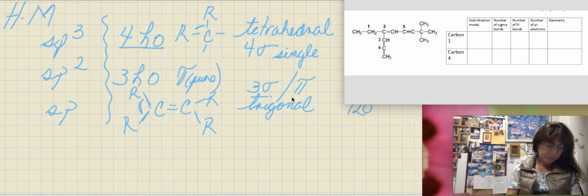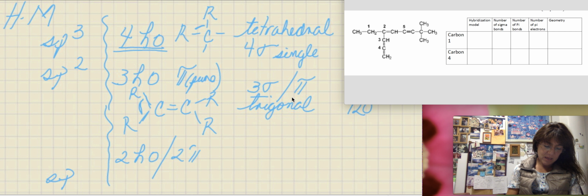Okay, for the sp hybrid model, this means that out of the four hybrid orbitals, you're only using two of the hybrid orbitals, and that you have two pi or pure p orbitals. This means that you're making two sigma bonds and two pi bonds.